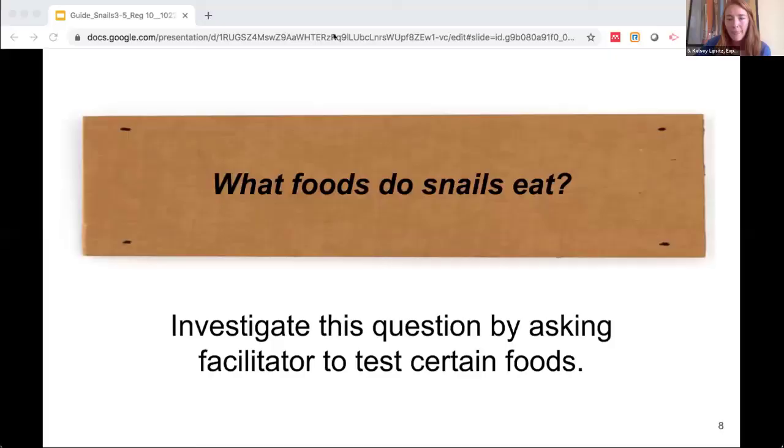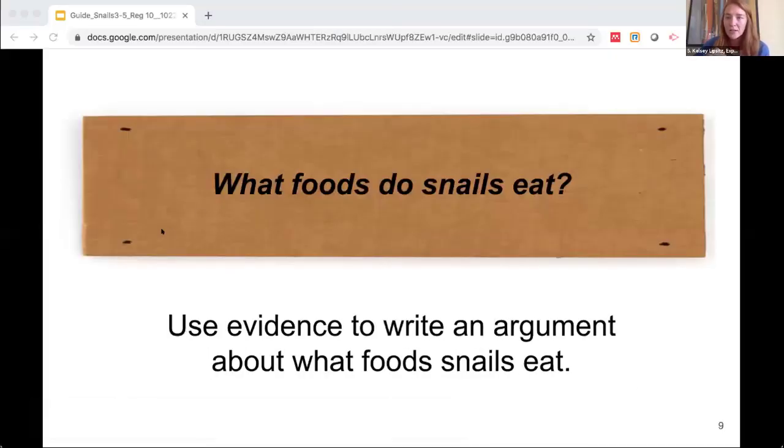I'll share my screen here and we can start generating some arguments. We can share those orally or put them in the chat box about what food snails eat, making sure to use some evidence to support the claim you're making.